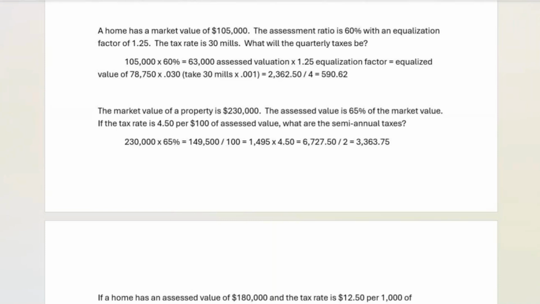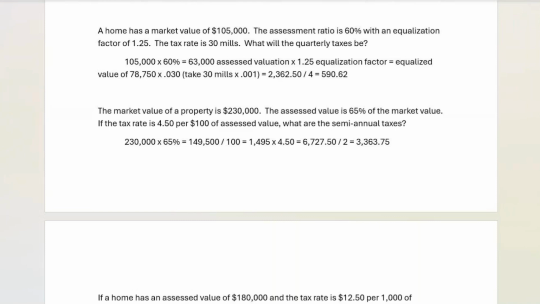So the first example, you have a home with a market value of $105,000. You're going to multiply it by your assessed ratio of 60% to give you $63,000 in an assessed valuation. They're also giving you an equalization factor of 1.25. You're going to multiply that to give you an equalized value of $78,750. The easiest way to do the mills, when you get the number of mills, multiply it by 0.001.